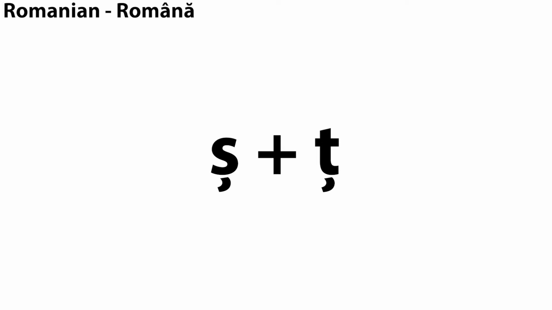Like, they are not used, as far as my research, in any other language in the world. If that is incorrect, then please let me know down in the comment section below. But from my research, these are two letters which are used exclusively in Romanian, which have this specific comma-looking character under the S and T, which are officially known as S-comma and T-comma, respectively.